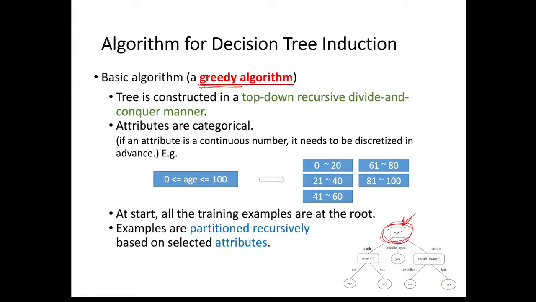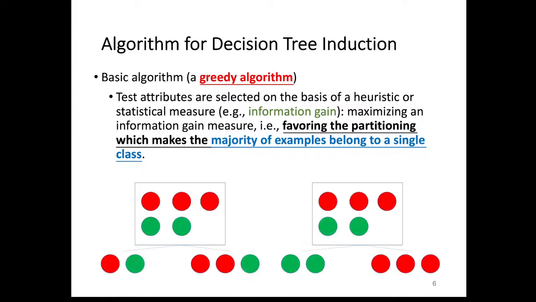Initially everything is at the root, but we partition the training data into different groups and recursively repeat this process. Let me give you an example as a start. Let's assume we have 3 reds and 2 greens, where the reds are sick and the greens are normal. Assume we can use a certain test to divide the 5 people into 2 groups.